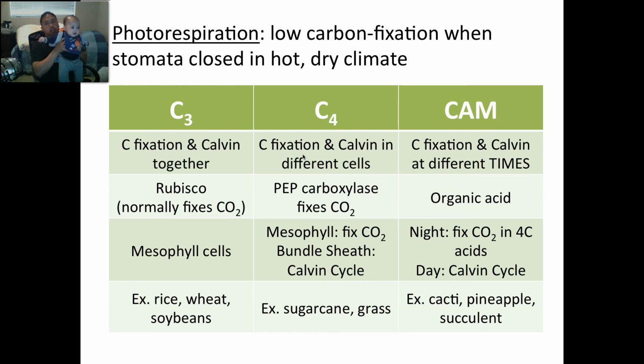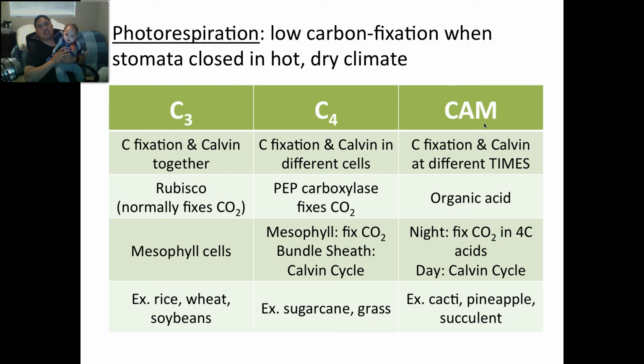Because sugarcane and grass tend to be in a little bit hotter places, they split those 2 processes so that you maximize the creation of sugars. That's different than CAM. CAM is like cactus or pineapple, and we're talking about places that are really, really hot.